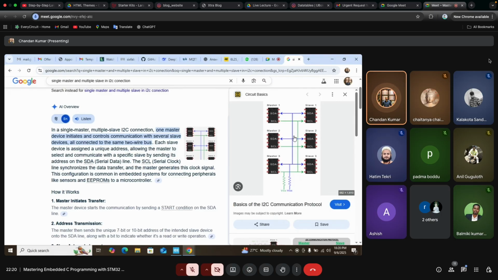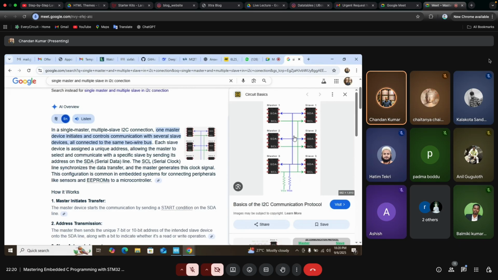For example, you are a group of 10 people. Out of these, 3 people are master and 7 people are slave. So let's say A, B, and C are master, and after that, everyone is slave.